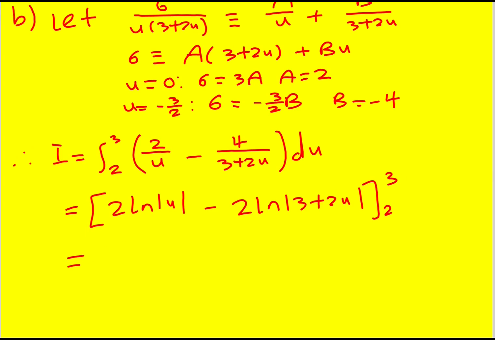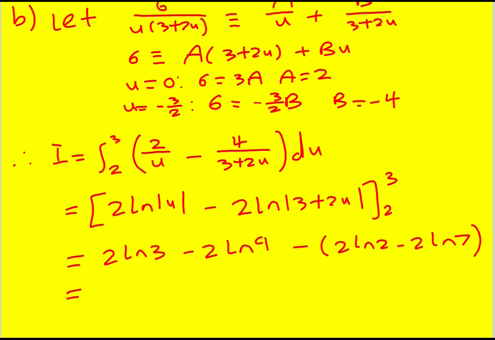Okay, so put in the first limit of 3. So 2 ln 3 minus 2 ln 9. Then minus 2 ln 2 minus 2 ln 7. Now they've all got a 2 in there.